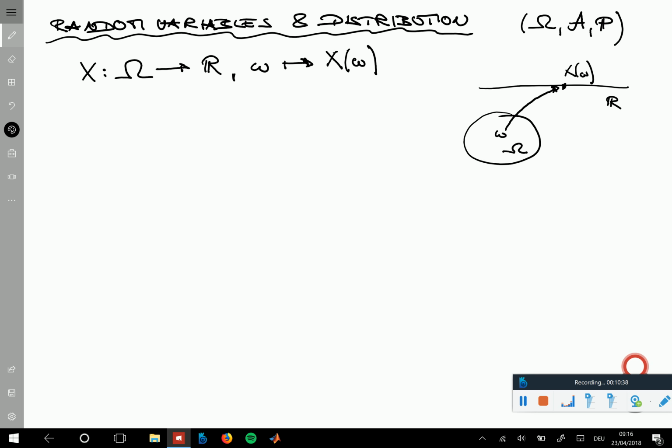They are not any kind of function, though, and this we have to specify a little bit more, because they need to be what is called measurable. In mathematical literature, you will always read about measurable functions.